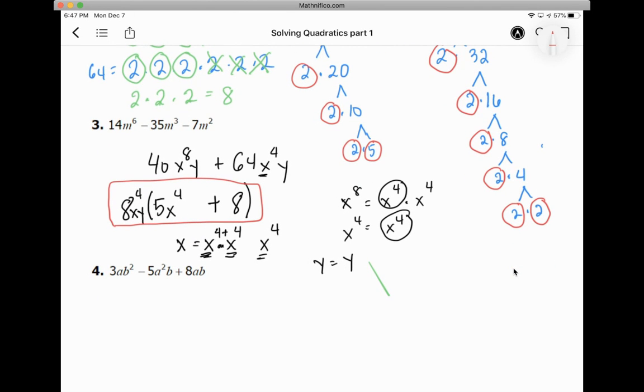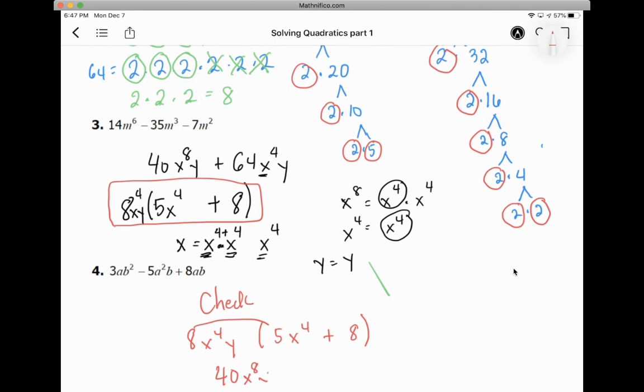But how do I know if that is correct? So let's check our answer. 8 x to the fourth y times 5 x to the fourth plus 8. By the distributive property, 8 times 5 is 40. X to the fourth times x to the fourth, you just add the exponents, so that's x to the 8.